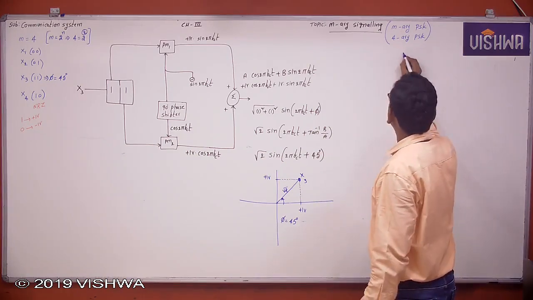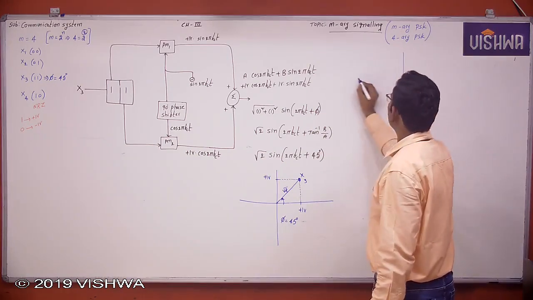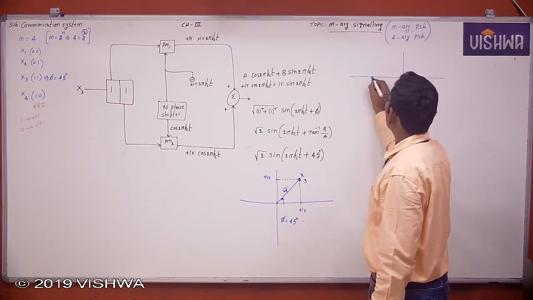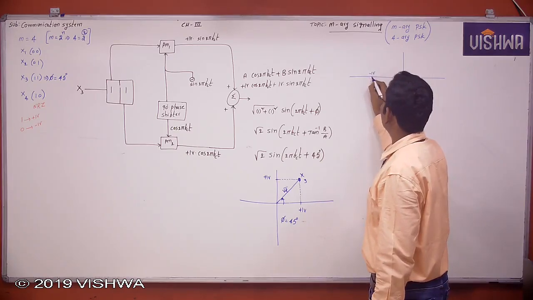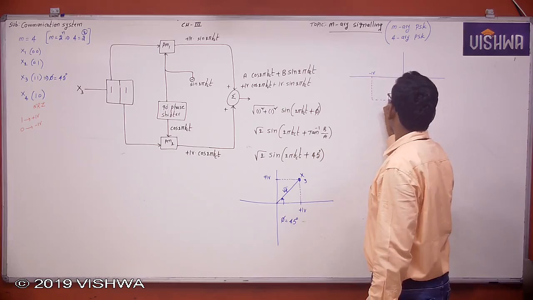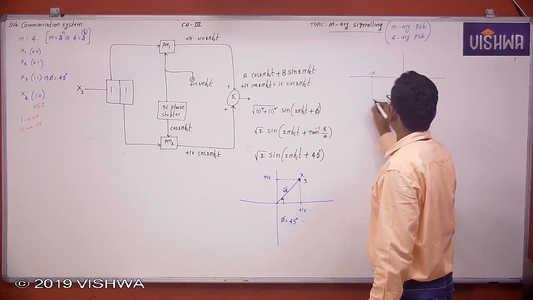Now first, the x1 symbol. What is the x1 symbol? 0 0. Therefore 0 means minus 1 volt, again 0, minus 1 volt.